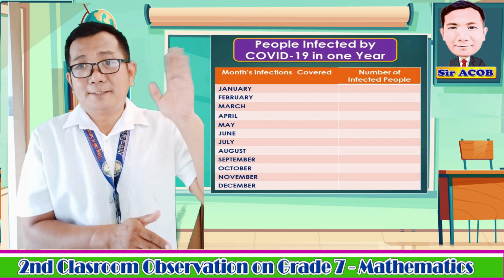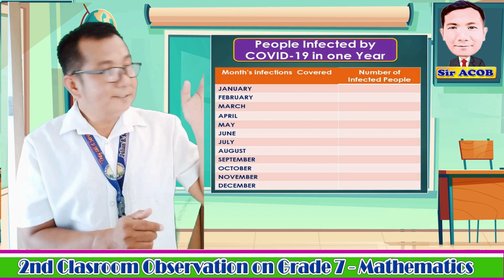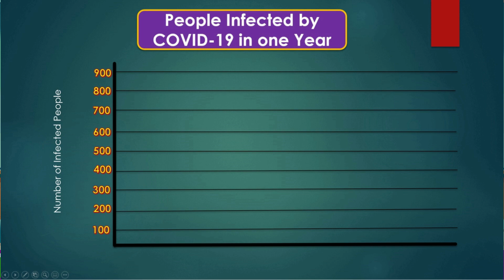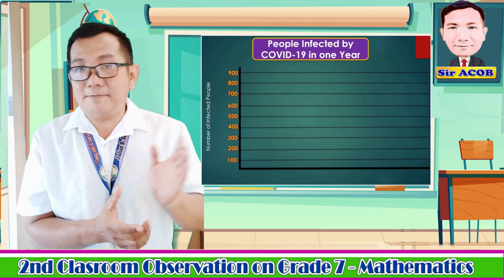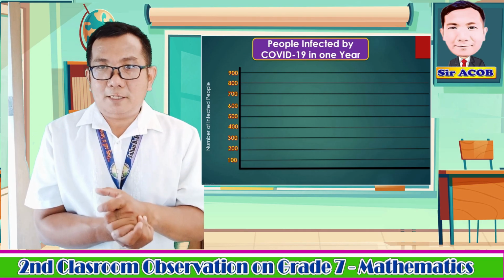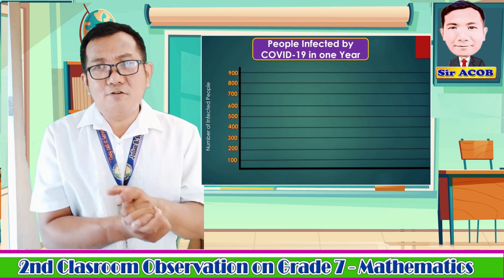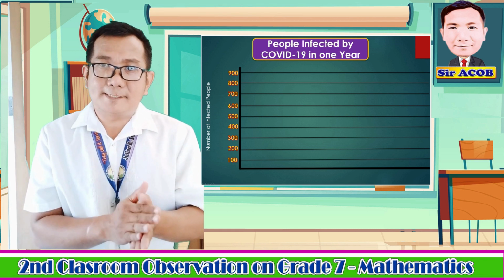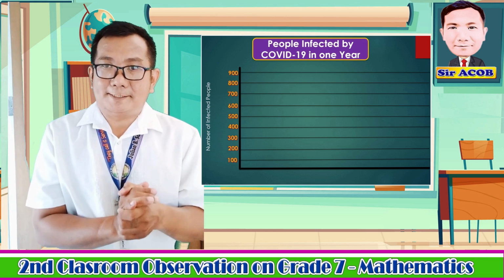So first, just like the bar graph, we first draw a vertical line and a horizontal line. The vertical line represents the value of the infected people, no? So we can use it by hundreds. Or, as I said a while ago, you can use whatever figure you want, by hundreds, by thousands, by 500s, depending upon your design.